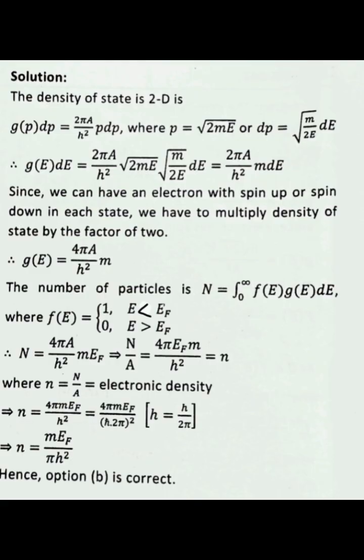Therefore N by A is equal to 4 pi EF m by h square, and this is equal to n, because here n is equal to capital N by A, that is the electronic density in 2D. So n is equal to 4 pi m EF by h square, and this is equal to 4 pi m EF by h cut into 2 pi the whole square. Therefore n is equal to m EF by pi h cut square. Therefore the answer is option B.